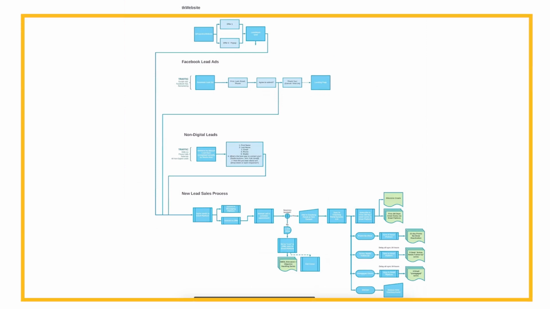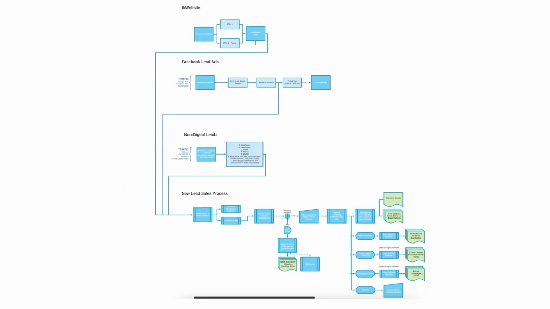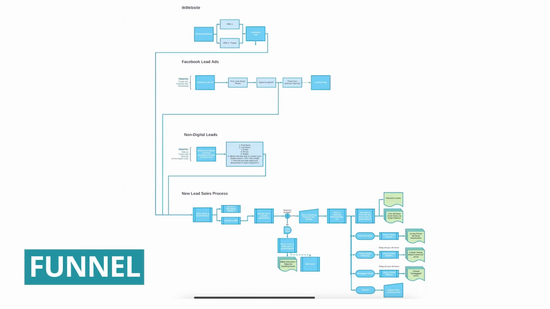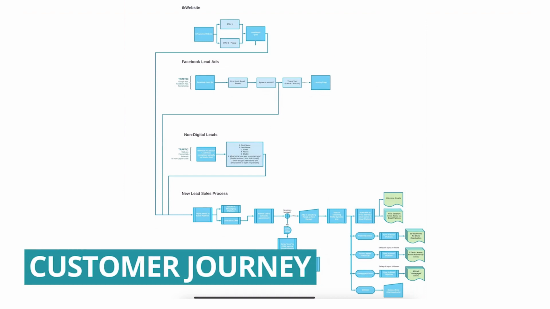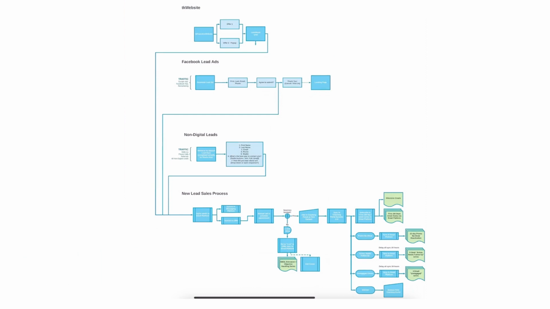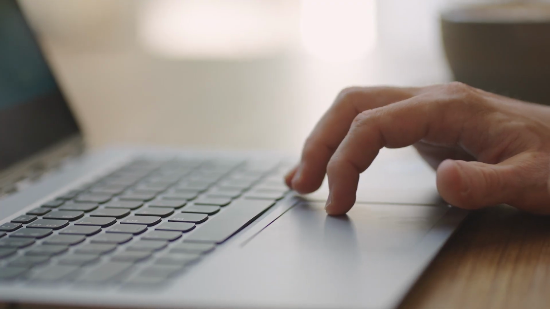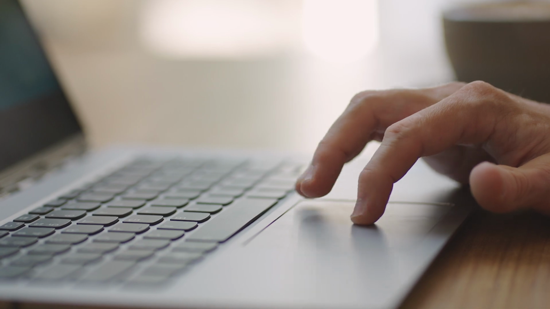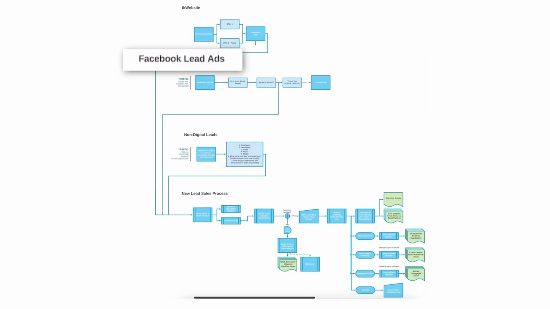So here's another visual example of when we put a funnel or a customer journey together, and we actually build this into the strategy. This is just an example. This could be a website, and in this particular example, there's paid advertising.